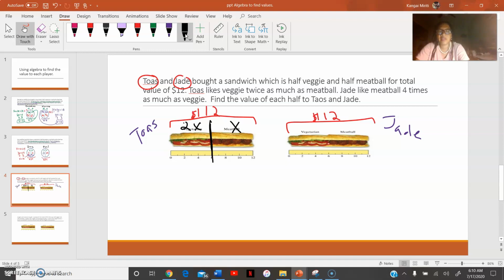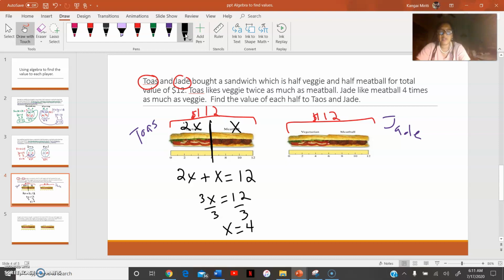And if we want to find the value of each of these parts, again, we can use our algebra. The 2x side plus the x side should equal the whole value of the sandwich, which is $12. 3x equals 12. Divide by 3, divide by 3. x equals 4.